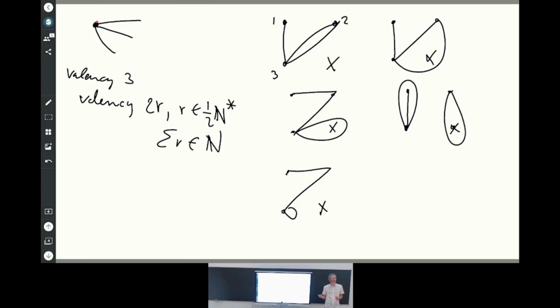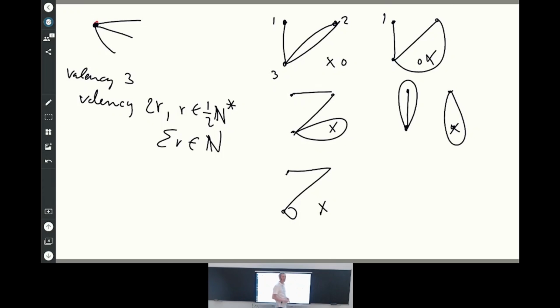Okay, sorry. So these different configurations that you draw, you're saying they would be like different 4-point functions. Right. So they are all different combinatorially. So you can, for example, distinguish this and this by saying that here the vertices of valencies 1 and 0 are separated, but here they are not separated.